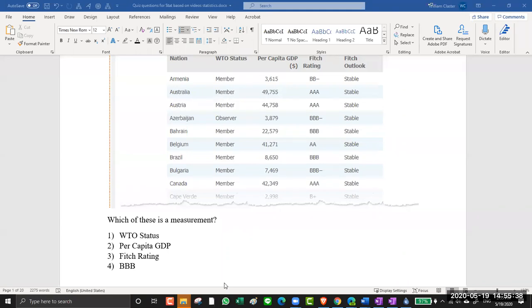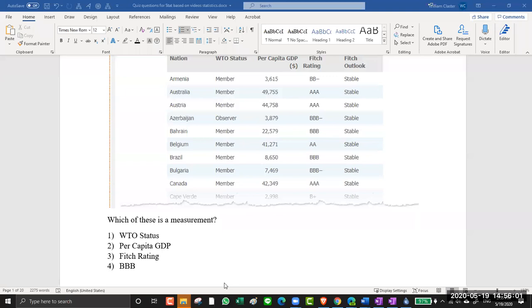Now, the question was, which of these is a measurement? So WTO status, per capita GDP, Fitch rating, BBB. What is WTO status? What would you call that? Is that an element?